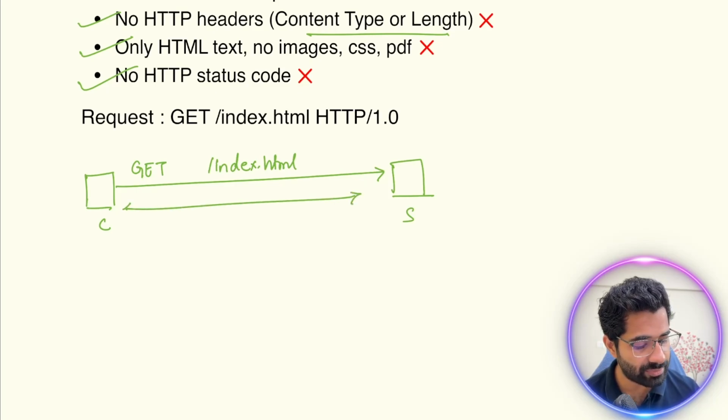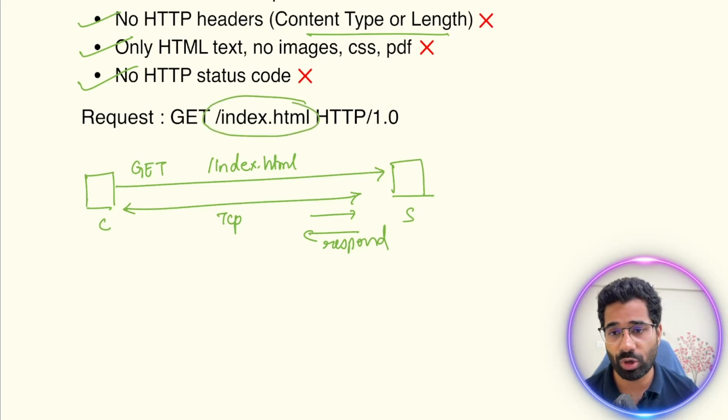As the request was made, a TCP connection was opened, and on this TCP connection, a request was sent. So for every different request, a separate TCP connection was opened. Once the request reached the servers, they would respond back with the contents of this file, index.html, as raw bytes.